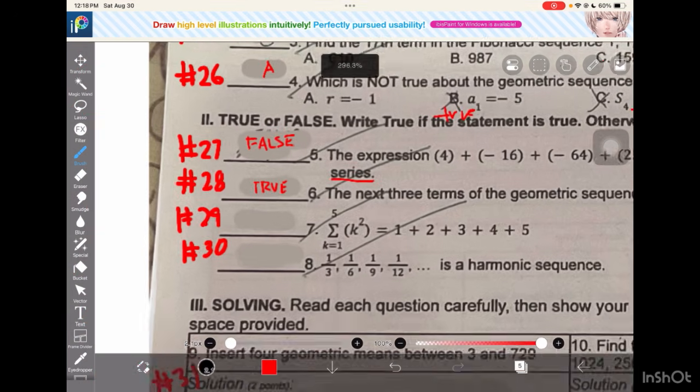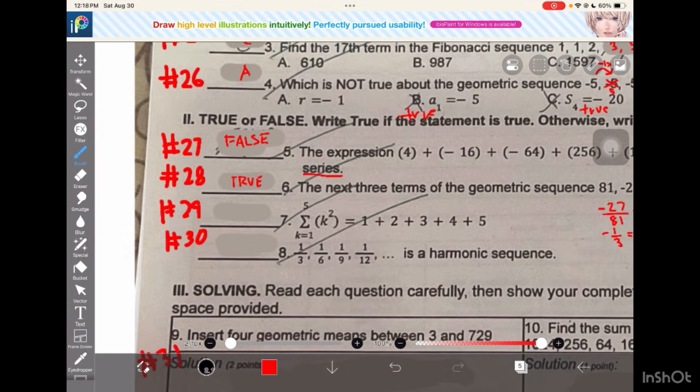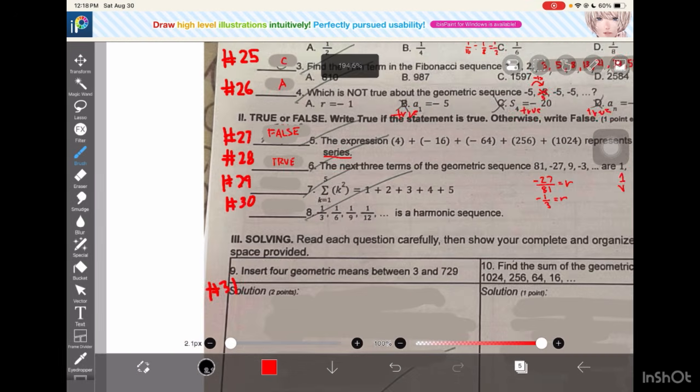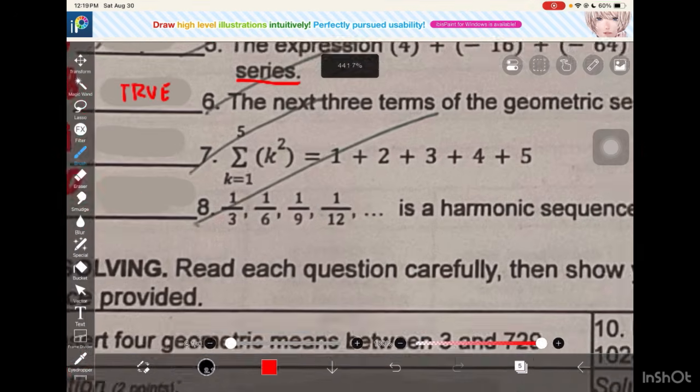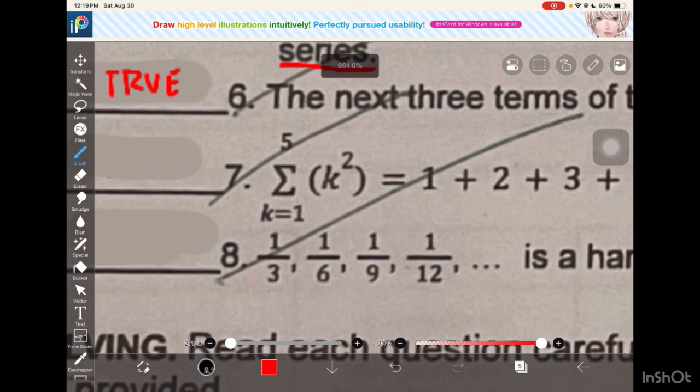This type of question is one that I did not cover in the geometric series video. It's the sigma notation, where we substitute each number from 1 to 5 into this k squared.